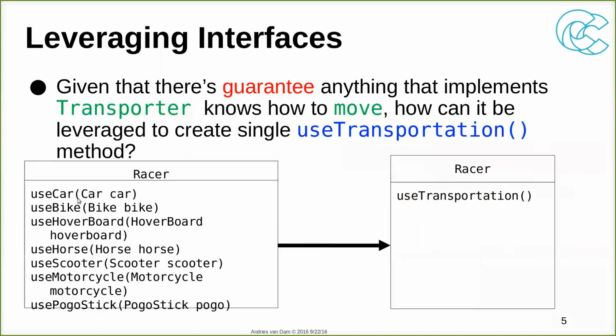We'll have to say useCar, useBike, useHorse. All these are different. So if there are 10 different mechanisms of going from place A to place B, you would end up with 10 different methods. So instead of that, can we make use of only one method, which is general enough, and then leave it up to the caller to figure out which mechanism to use?